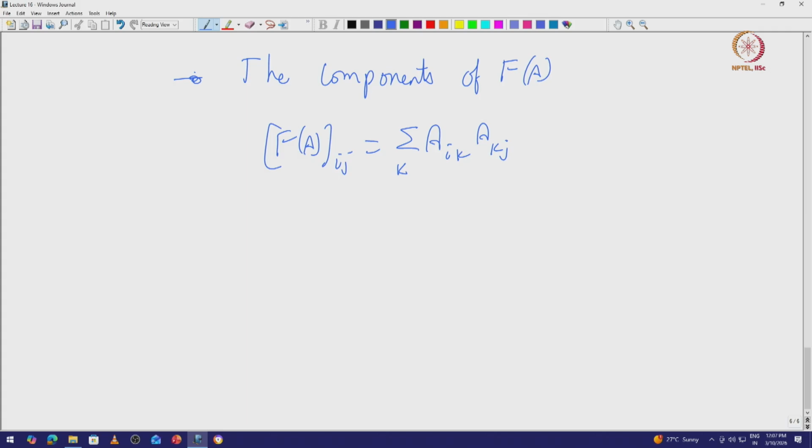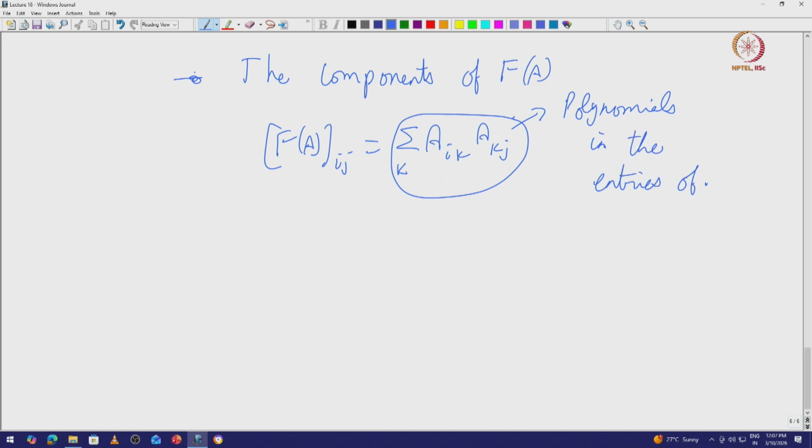So in other words, these components are polynomials in the entries of A, and polynomials, and hence C1, therefore differentiable. Okay, so the fact that f of A is differentiable is rather easy.